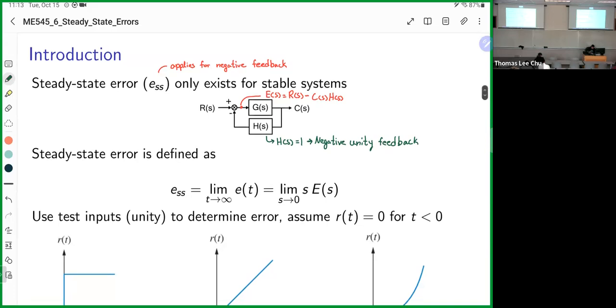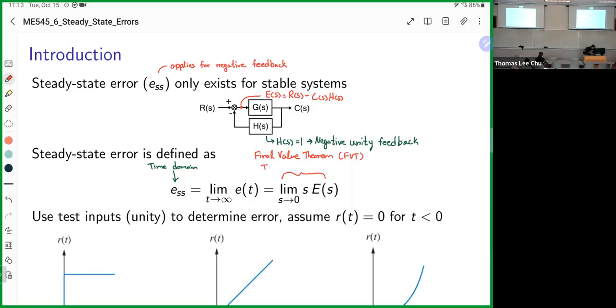All right, steady state error is defined as this. So e_ss here is in the time domain, the limit as t goes to infinity of e(t), which is equal to the limit as s goes to 0 of s times E(s). This definition comes from what's called the final value theorem, usually denoted as FVT.